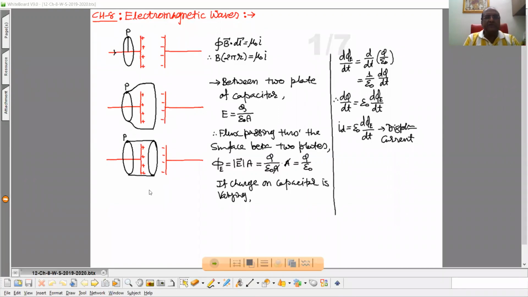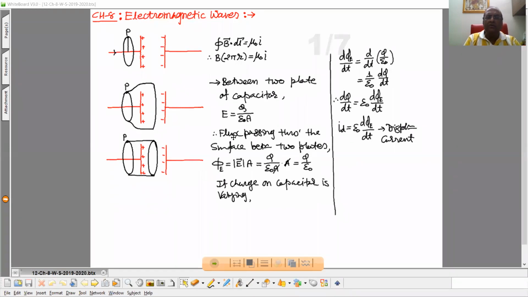But then after what he suggested, see, between two plate of the capacitor, no doubt current is not there, but electric field is there. Now, in chapter number 2, we already studied this thing, electric field between two plate of the capacitor, that is given by E equal to Q upon epsilon 0 A. Clear?